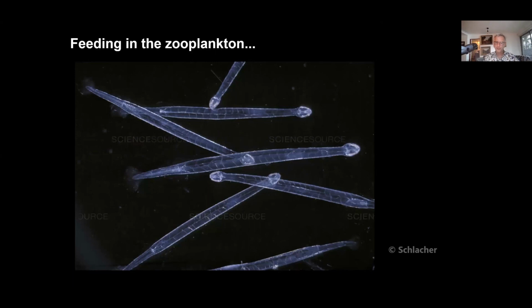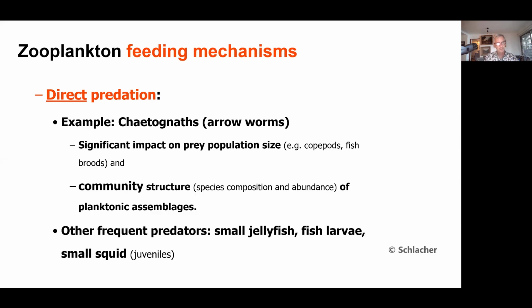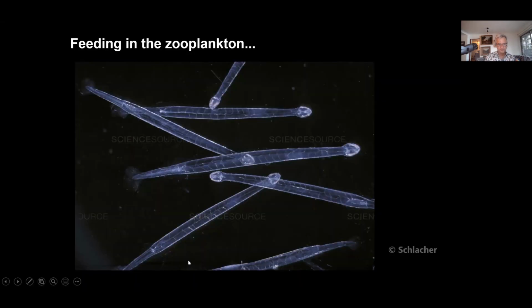Now, the feeding of zooplankton, we have seen a few things already, and I'll go through that very quickly, simply because the zooplankton are so important in terms of packaging carbon produced by phytoplankton for higher trophic levels. We have things like the arrowworms, which we saw, which are essentially just like this one here.